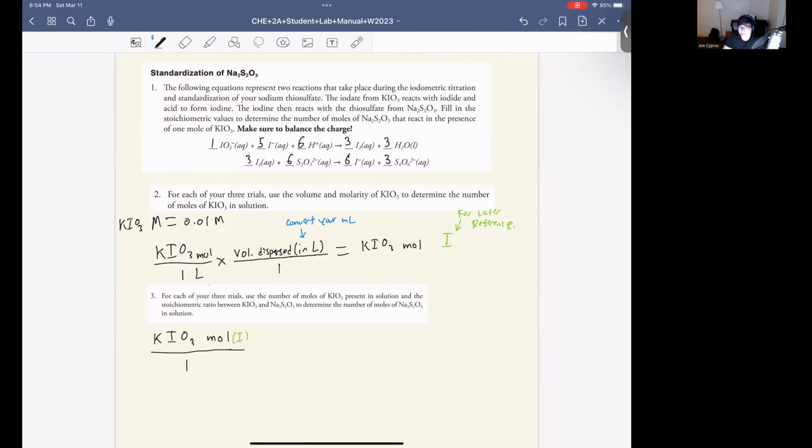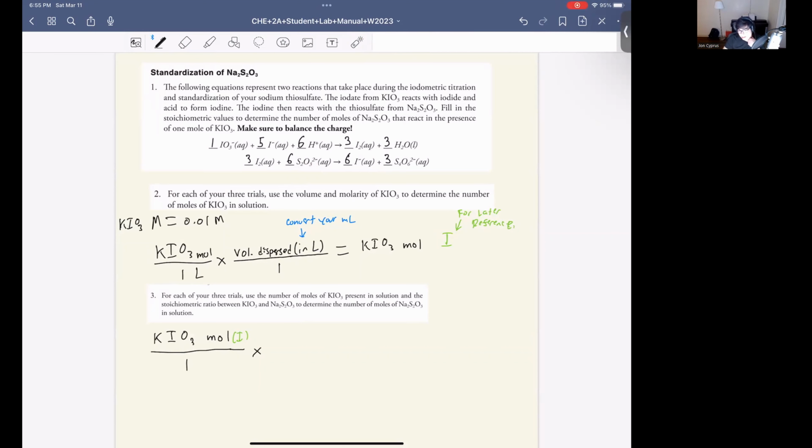Multiply this, since we want to convert this into moles of sodium thiosulfate. Now, the sodium thiosulfate is in a 1-to-1 ratio with this S2O3 2 minus ion.